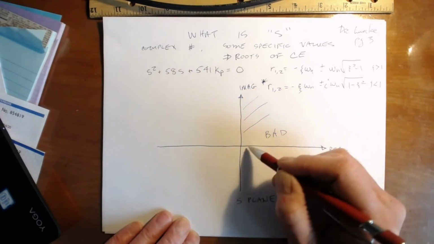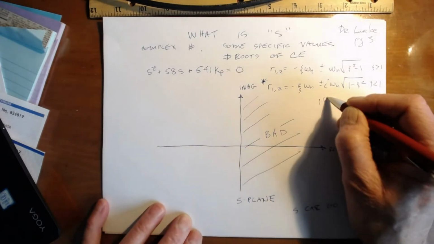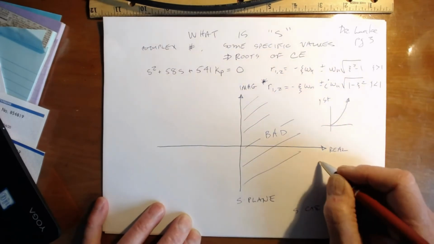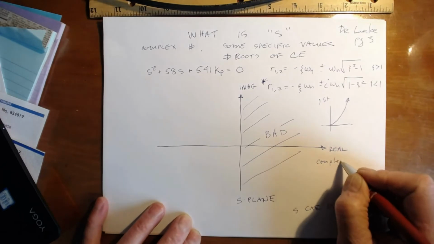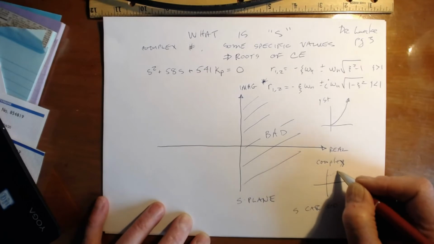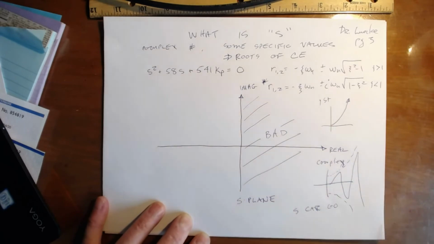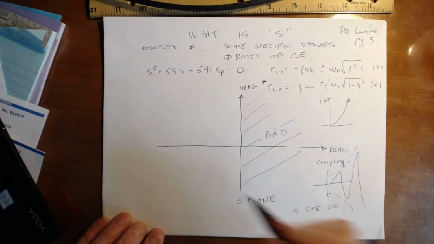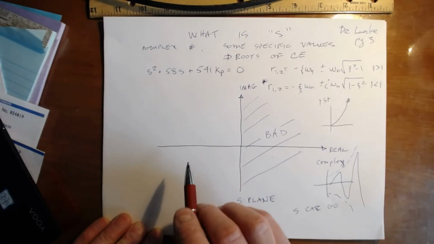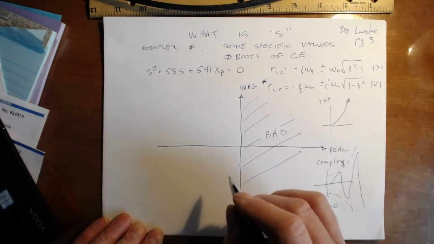For roots on this side, whether it's a first order response that just blows up, or a complex response that has an envelope that just blows up, either way, that's bad. So in the complex plane, we want to have them on the left half plane. This is where roots are good.